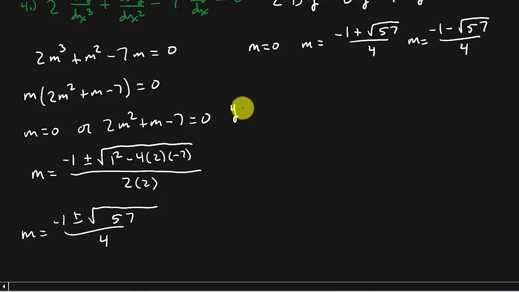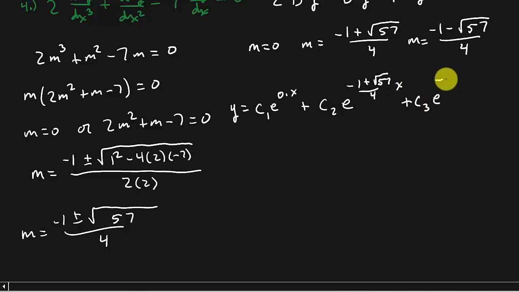And so I get y equals c1 e to the 0 times x plus c2 e to the negative 1 plus square root of 57 over 4 times x, plus c3 e to the negative 1 minus square root of 57 over 4 times x. Which one we write first doesn't matter.